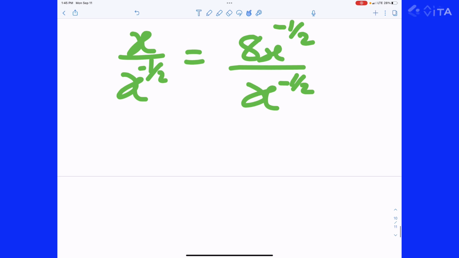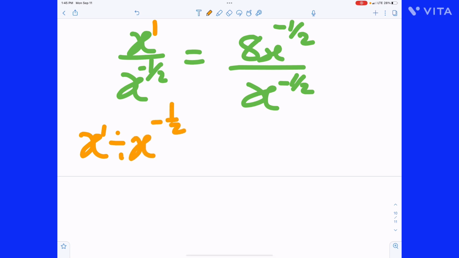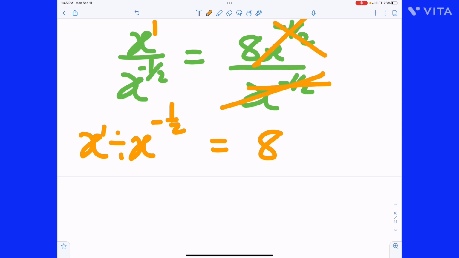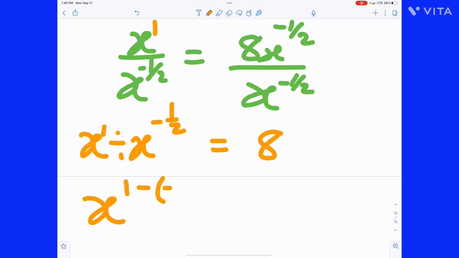We get x raised to power 1 divided by x raised to power minus half is equal to 8. You understand? So all that you'll be left with on the right hand side is 8. This is the same thing as x raised to power 1 minus minus half.